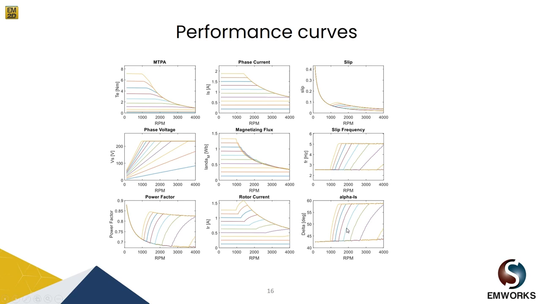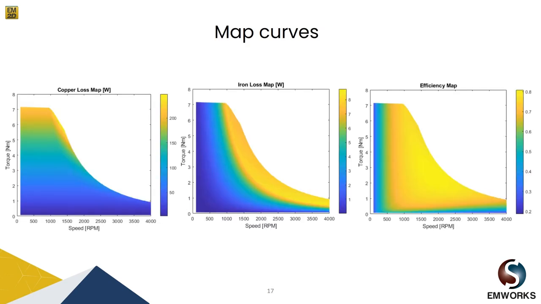So this is also a good advantage of the equivalent circuit method. So yes, when we have this data, we can calculate the copper loss map, iron loss map, and finally, we can calculate the efficiency map.